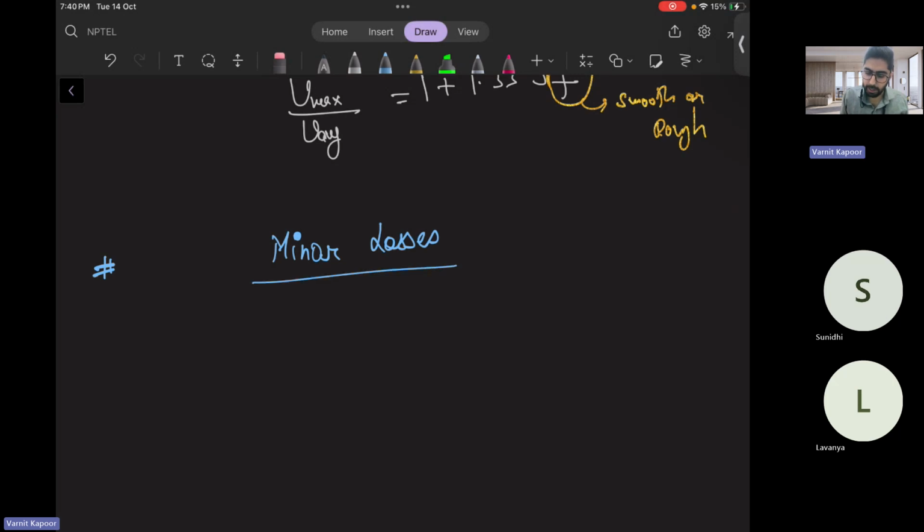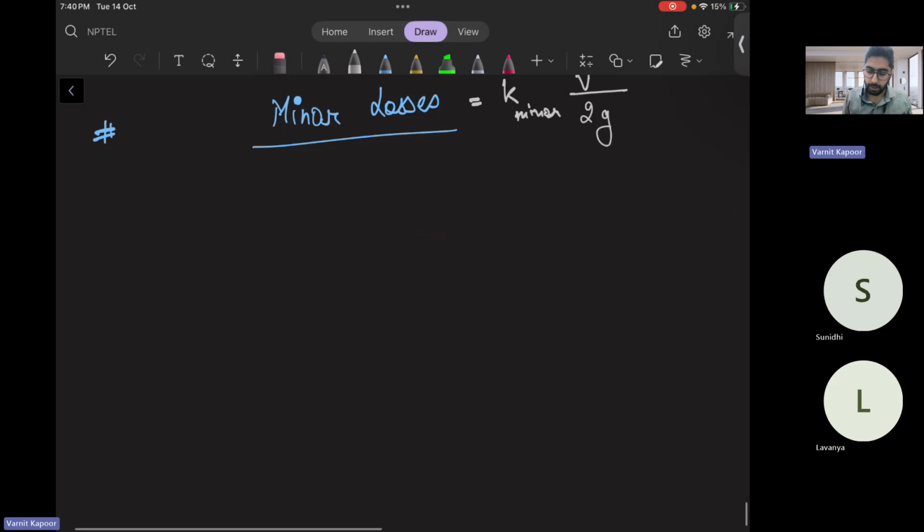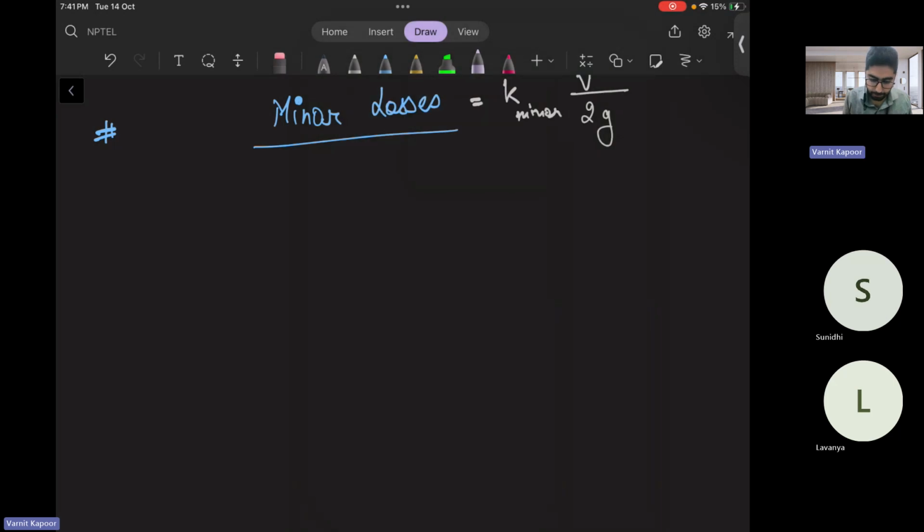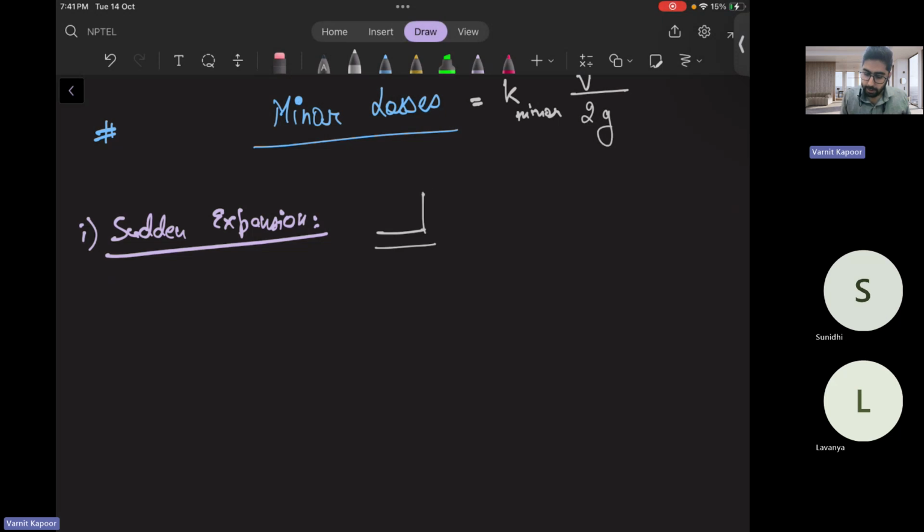So the relation for minor losses is nothing but h = K times V square by 2g. This is not roughness, it is some coefficient K. Now this K changes for different scenarios. Scenario number one, sudden expansion. I have a scenario like this.